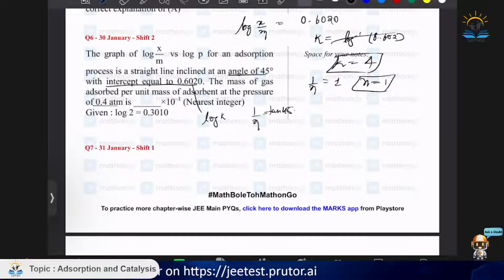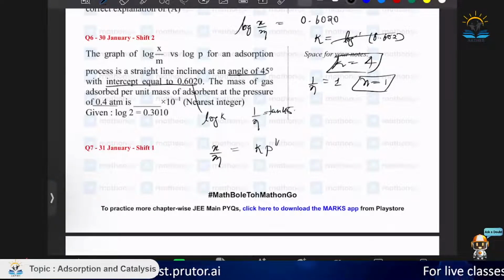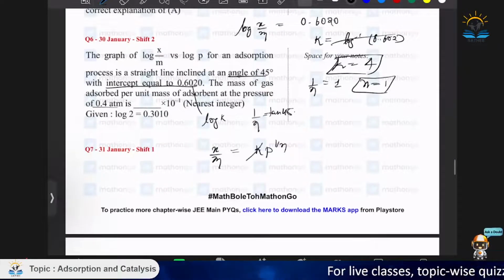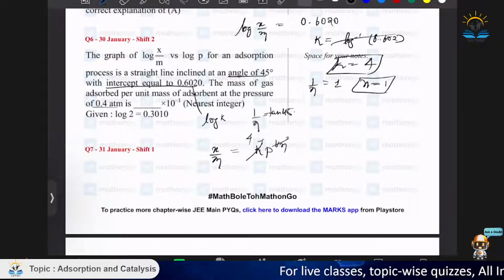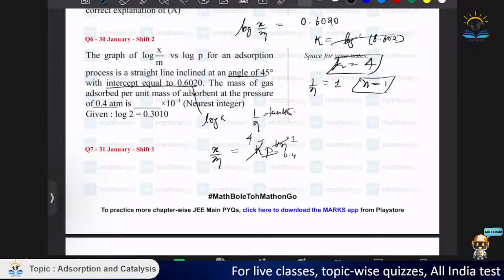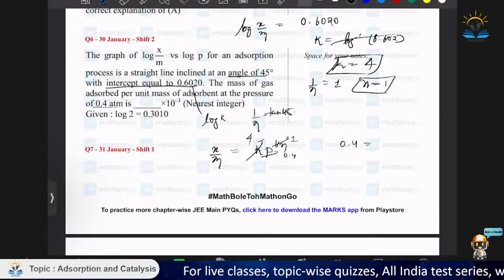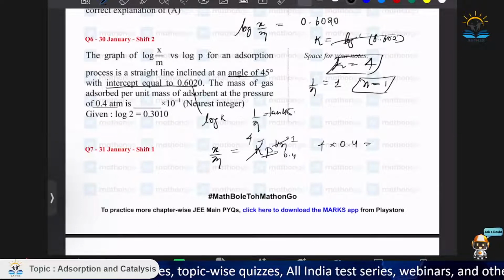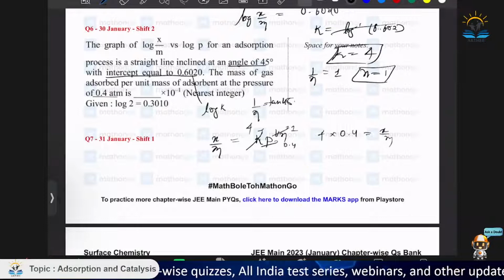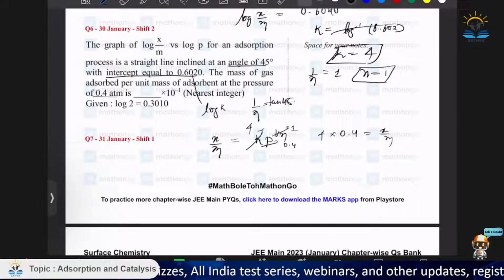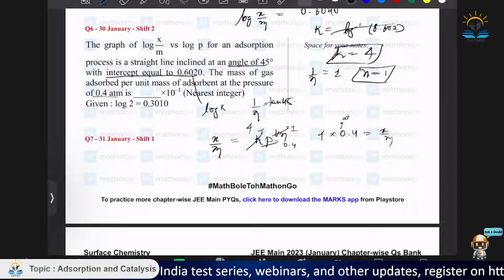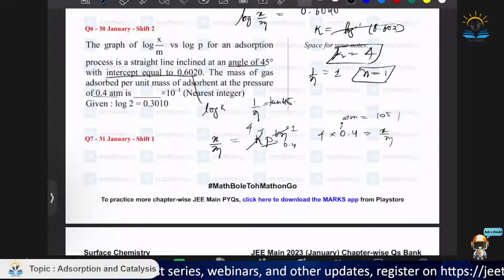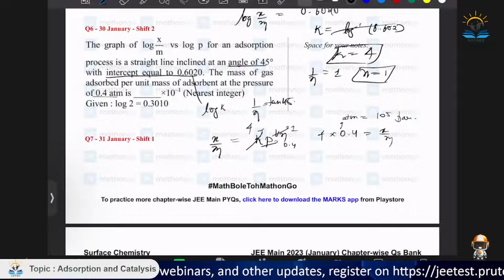Now x by m is equal to k p to the power 1 by n, right? They have given k as 4, they have given 1 by n as 1, they have given pressure as 0.4. So 0.4 into 4 is equal to the mass of gas adsorbed, that is x by m. And this is at atm, which is equal to 10 to the power 5 bar, which is the SI unit.